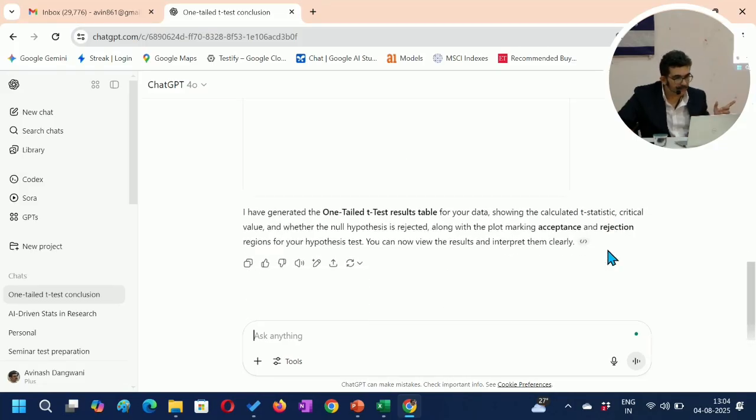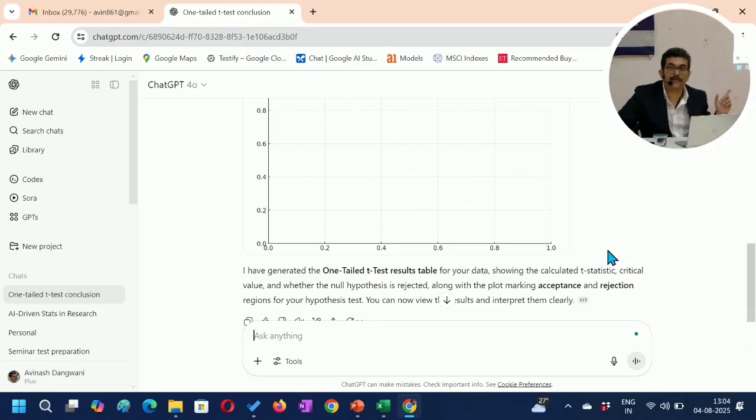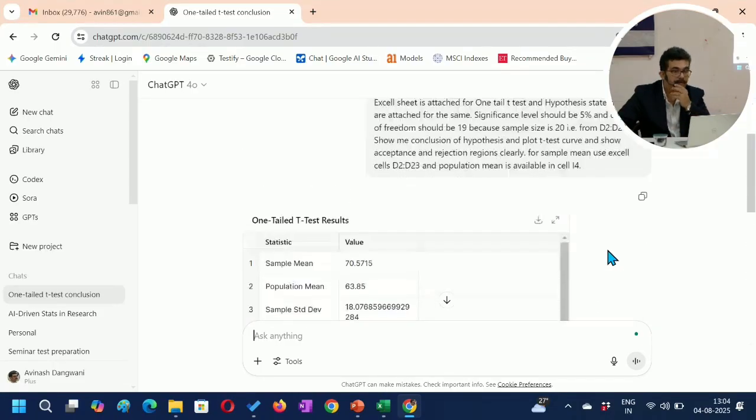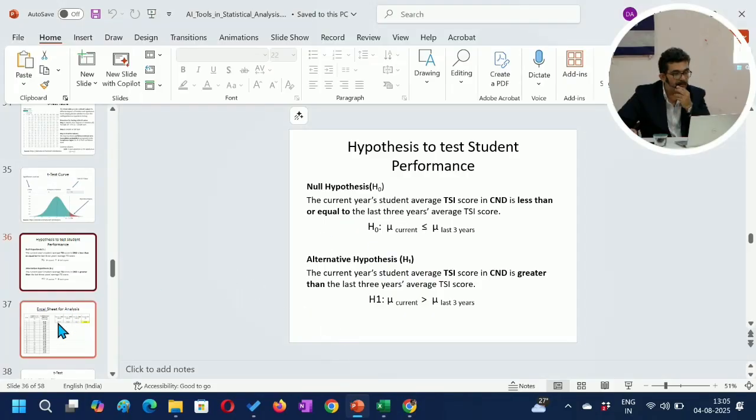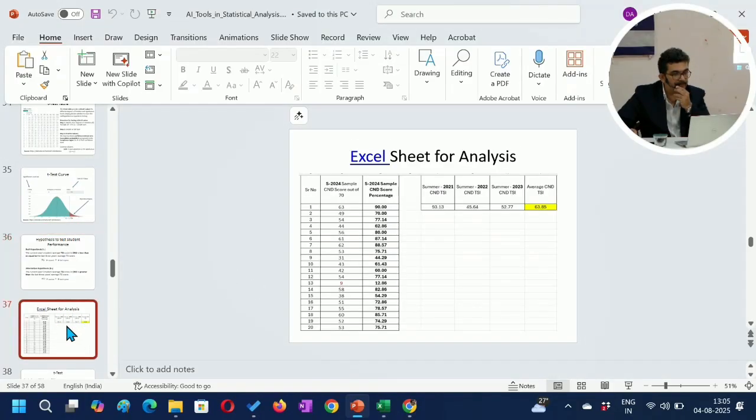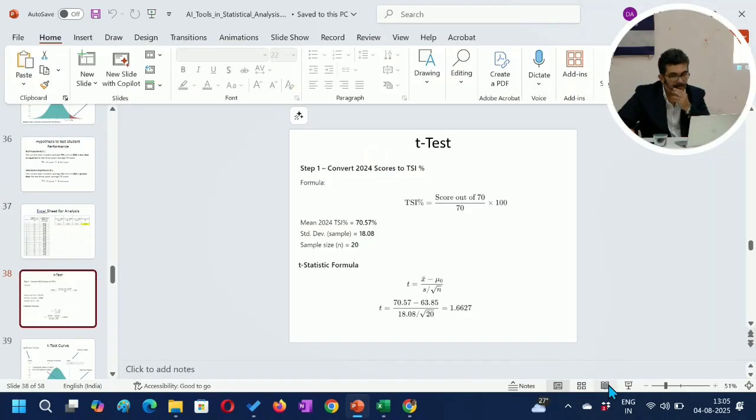See, the complete result is given. Sample size, sample mean 70.57. You first see the values which are calculated manually. These are the values calculated.